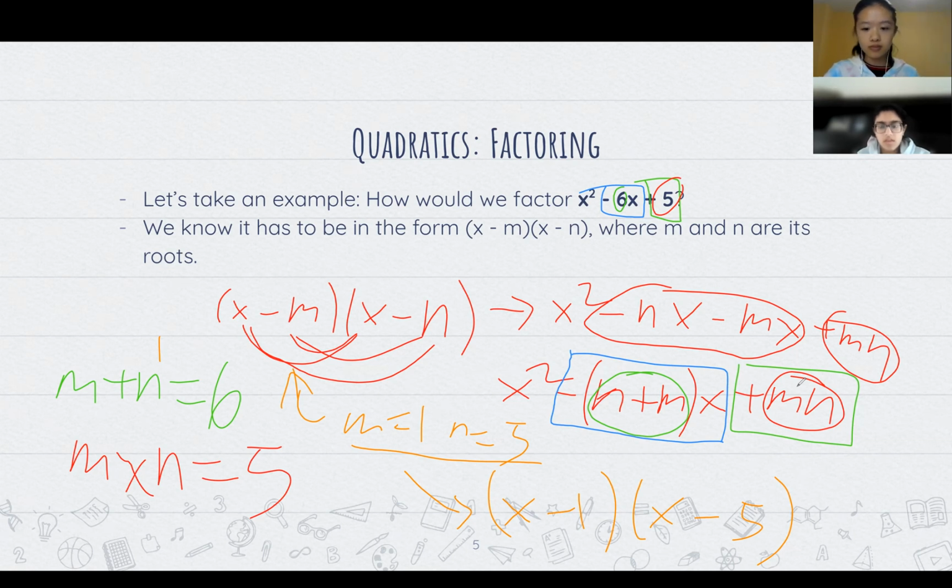Essentially the roots are 1 and 5. However, if these are the roots, then we subtract them from x, so we get x minus 1 and x minus 5. And that's why some of you might have been confused.